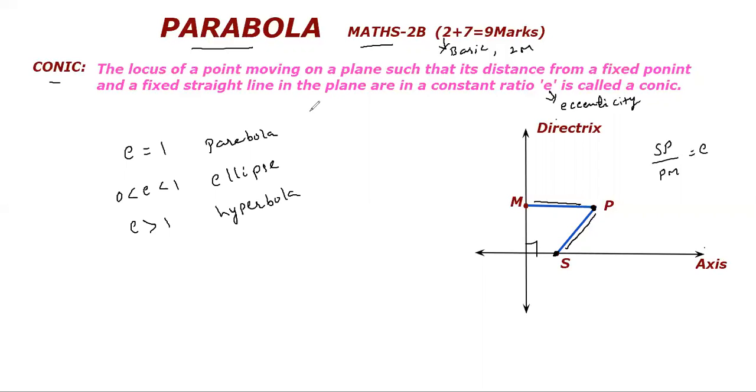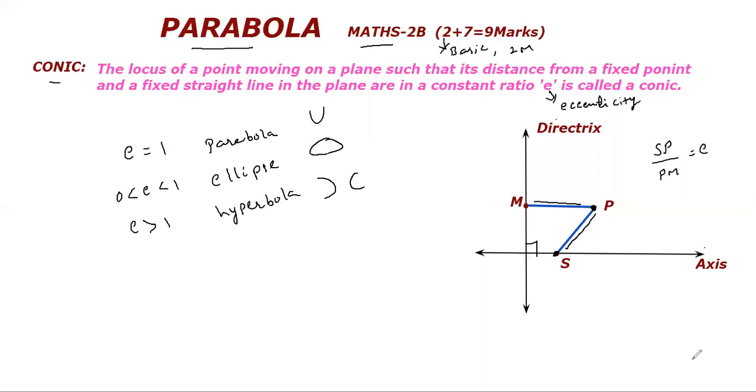Parabola is like a U shape, ellipse is like an egg shape, and hyperbola is like opposite U shapes. Okay, when E equals 1, that is we call parabola. Okay, what is a parabola?